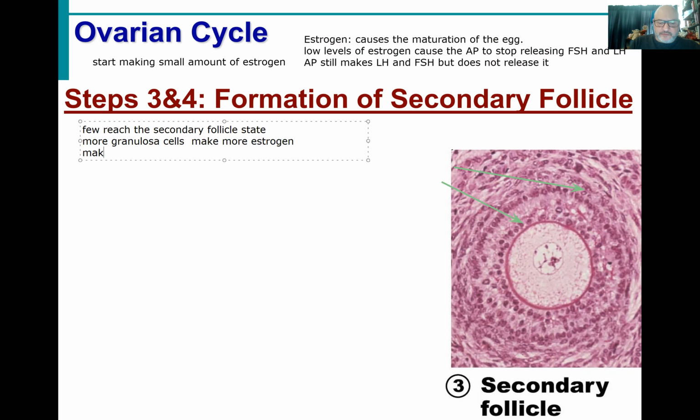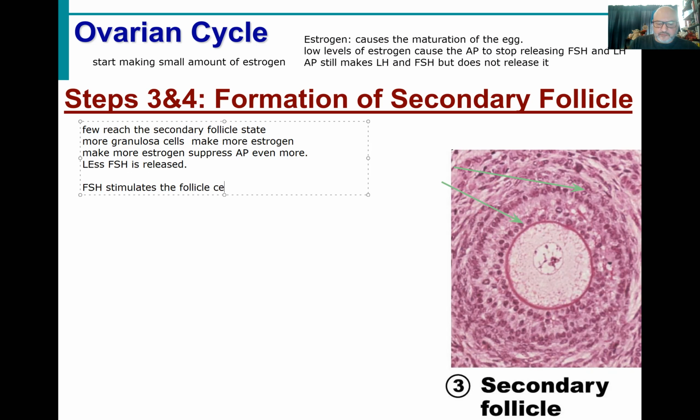And if you make more estrogen, you suppress the anterior pituitary even more. So even less follicle stimulating hormone is released. This starts to be an issue because remember, follicle stimulating hormone is what stimulates the follicle cells. And if follicle stimulating hormone drops, what happens to our follicle cells?